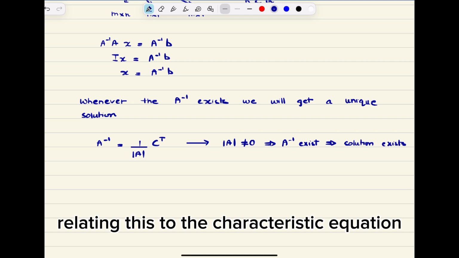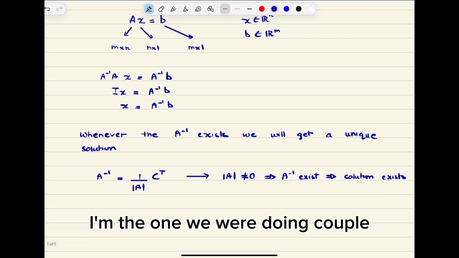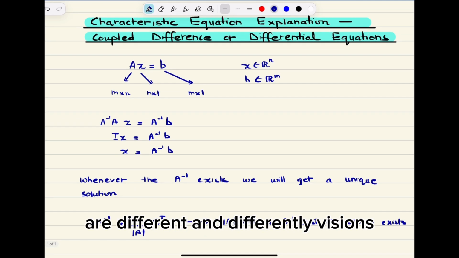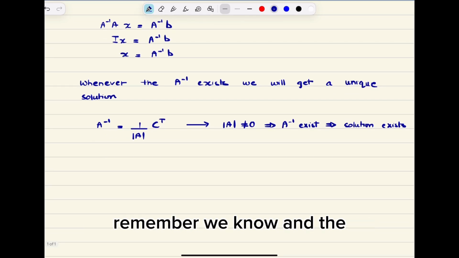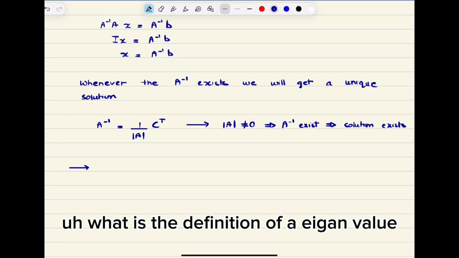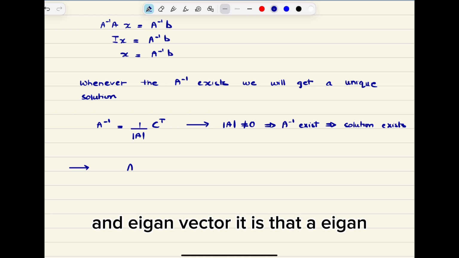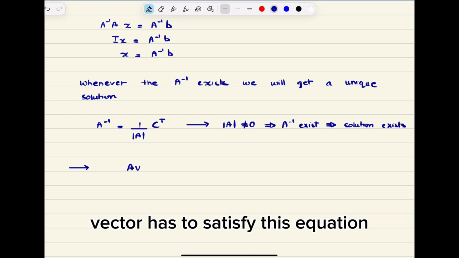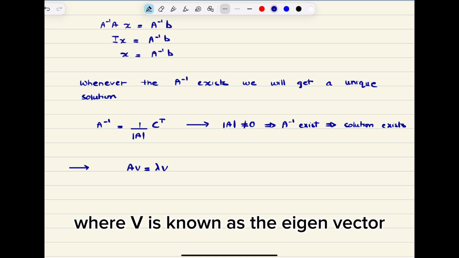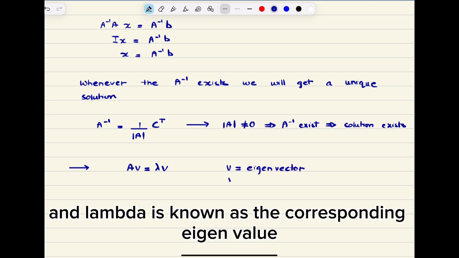Relating this to the characteristic equation when we were doing coupled difference and differential equations, remember the definition of an eigenvalue and eigenvector. An eigenvector has to satisfy this equation, where v is known as the eigenvector and lambda is known as the corresponding eigenvalue.